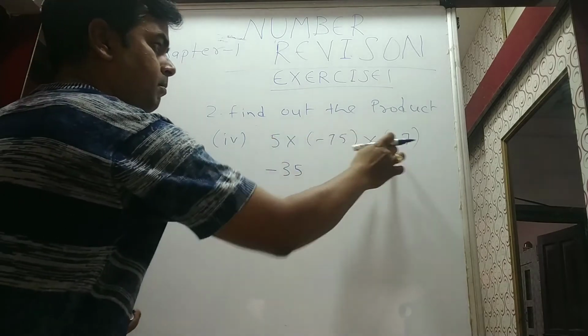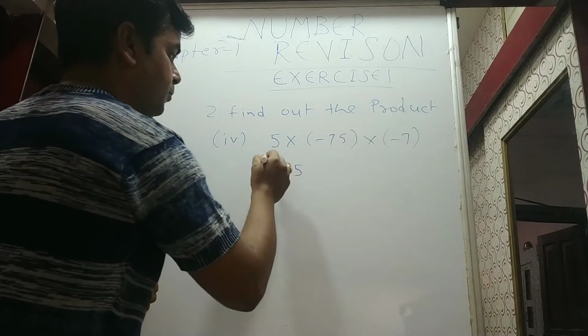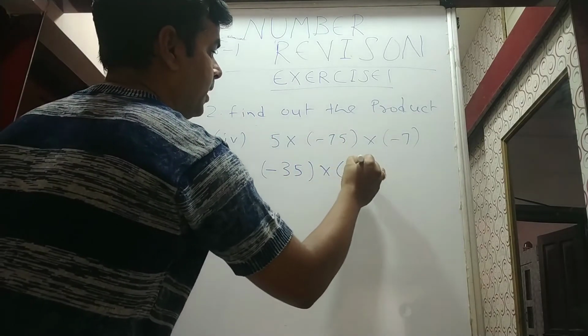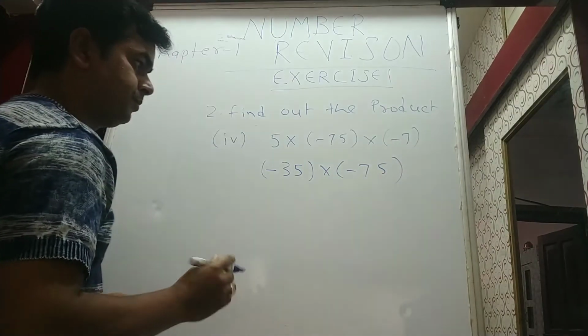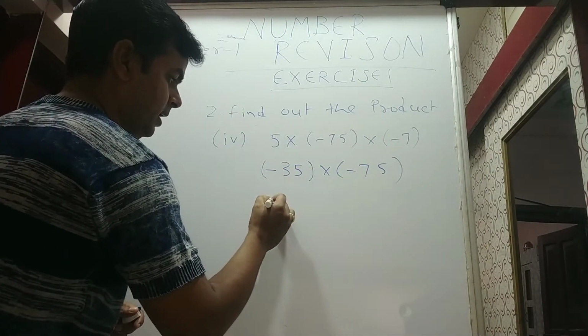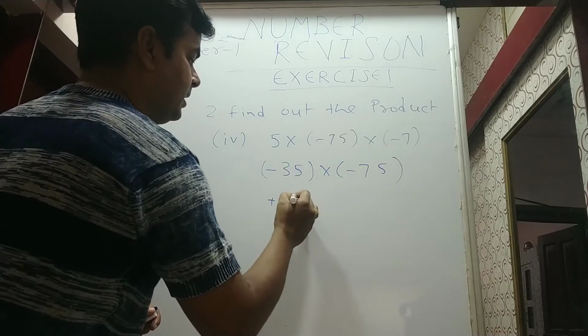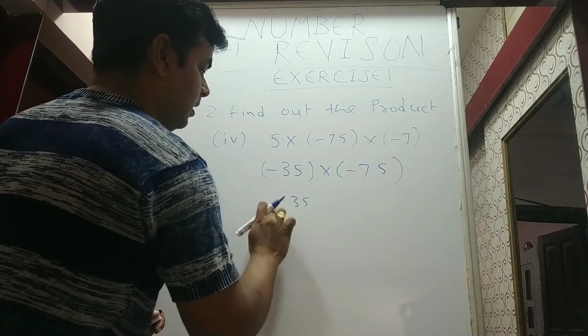Why did we take these two numbers? These are smaller numbers, so it will be easier for us to multiply. Then minus into minus is plus. Now we multiply this 35 with 75.